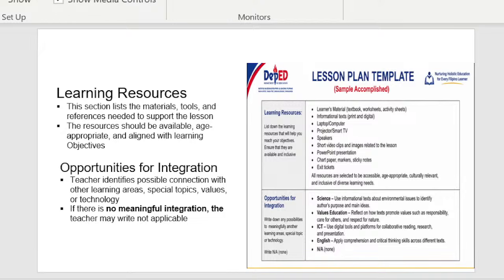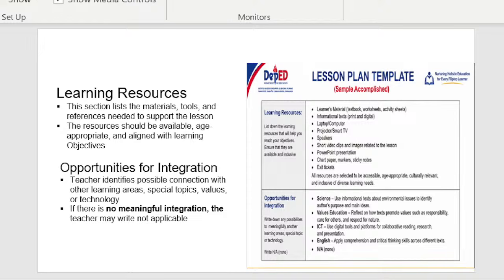But you can look for opportunities for integration depending on the level of understanding of the teacher. So, pag mataas ang kanyang relational thinking, dito marami ang pwede niyang ma-integrate.